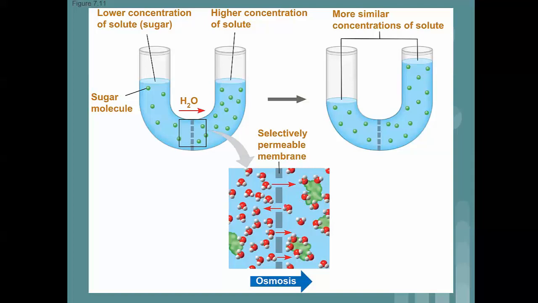There are some free water molecules on the right, but nowhere near as many as on the left. So eventually you end up with an equal amount of free water molecules on each side of the membrane, and the actual volume of water will shift, and you'll actually have a much higher level of fluid on the right side of the membrane than on the left.